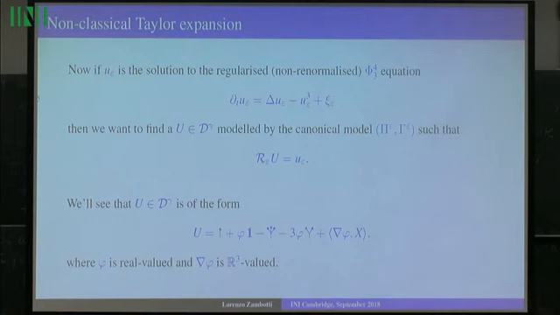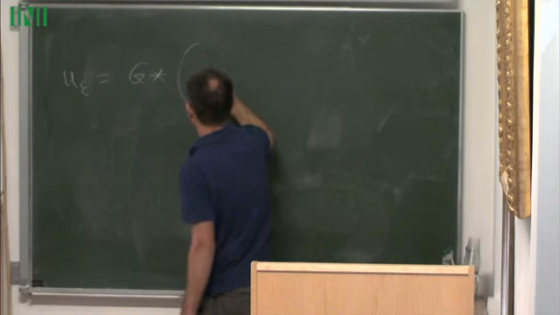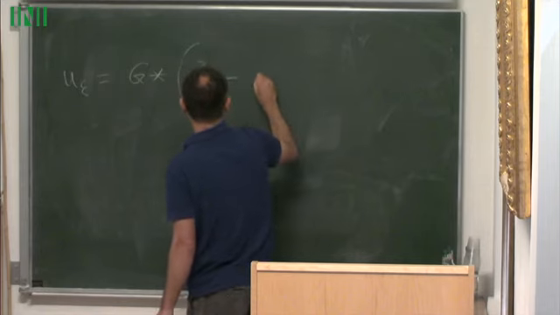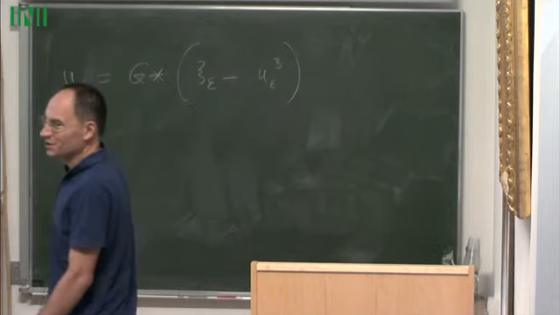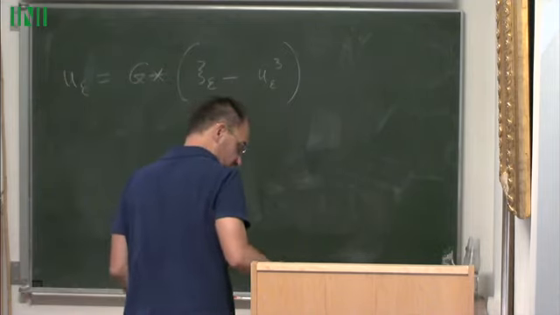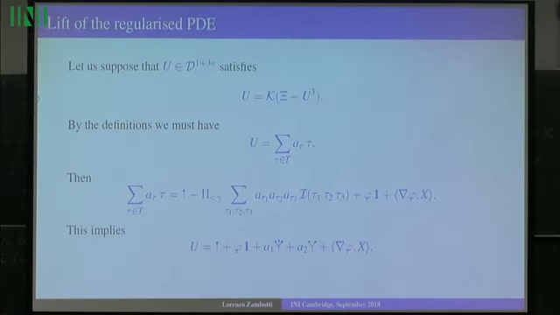So U epsilon is G convolution psi epsilon minus U epsilon cube. There is the initial condition, so I forget about that. So you see, this is the lift of this PDE to the space D1 plus 3 kappa.